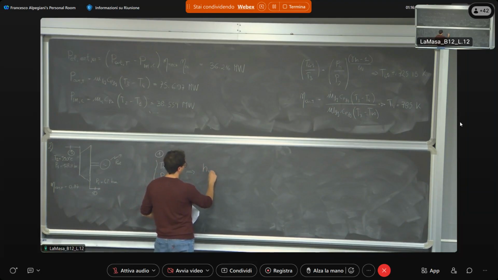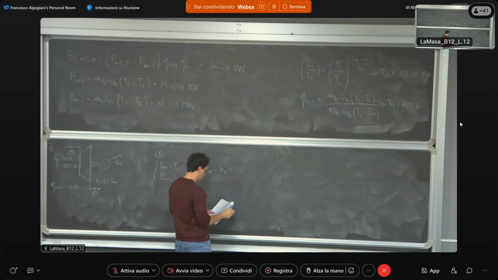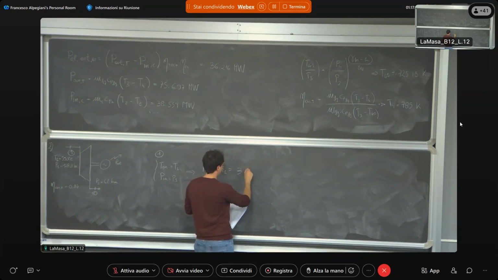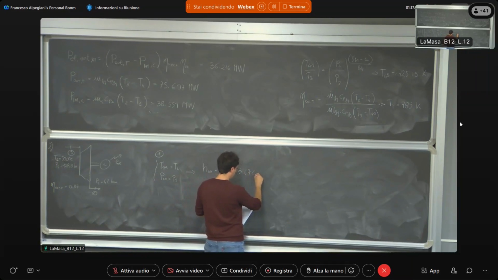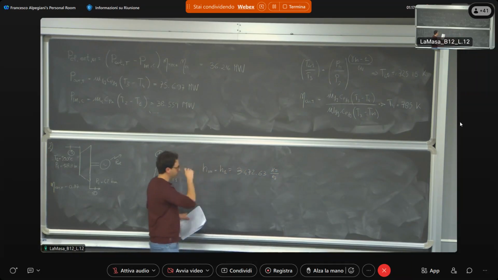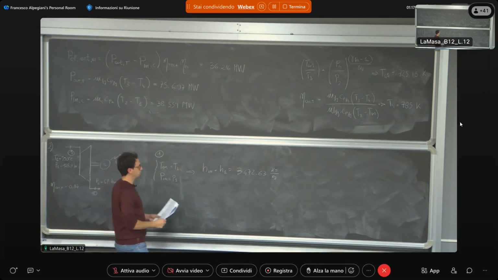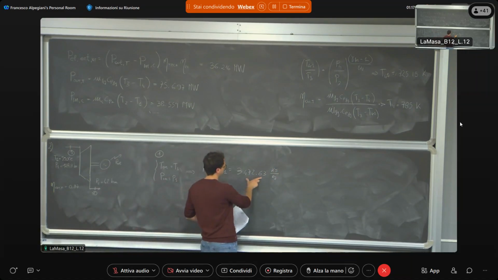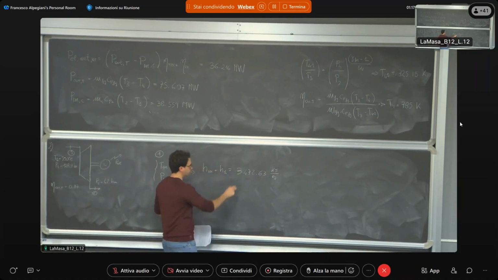So H_in equal H1 equal to 3,472.63 kilojoule per kilogram. Obviously, if you use the Mollier chart, you cannot be this precise, but in this case I used software to get this value.